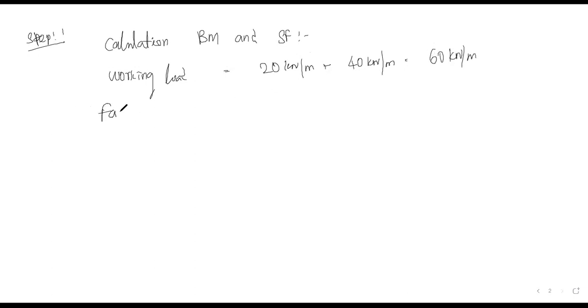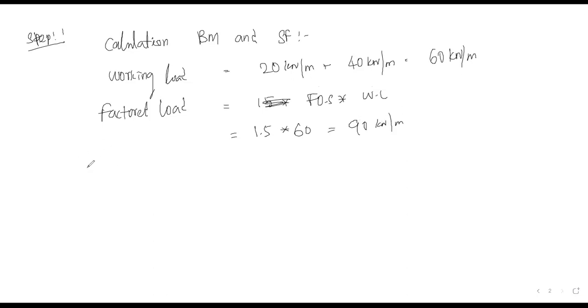So factored load is equal to 1.5 into working load, where 1.5 is the factor of safety. So the answer becomes 90 kilonewton per meter.